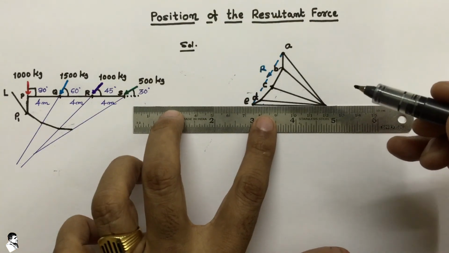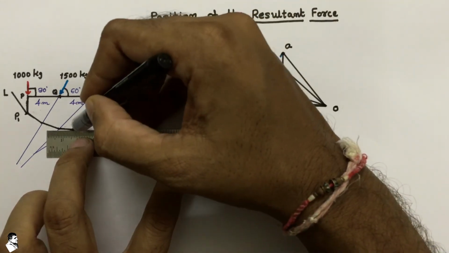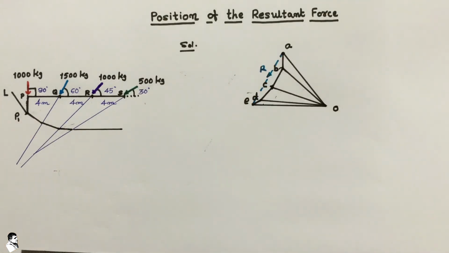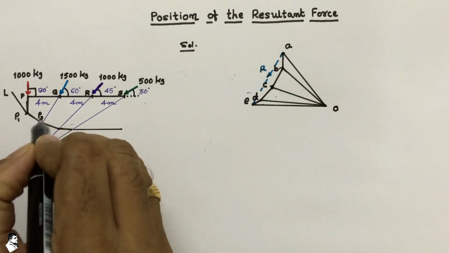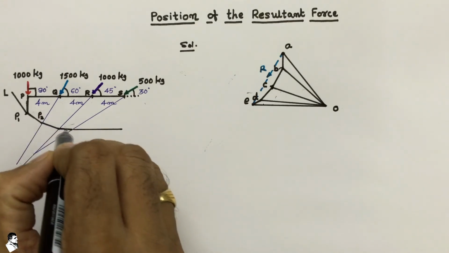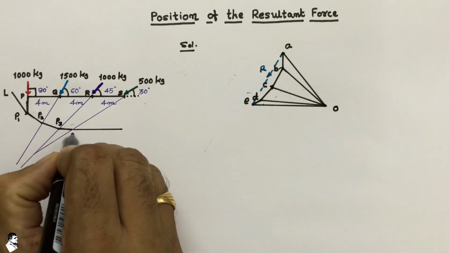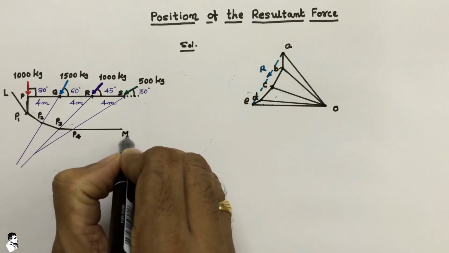After that, the horizontal line is EO. Now we name those points: this is our point P2, this is P3, this is P4, and the last one we name M.